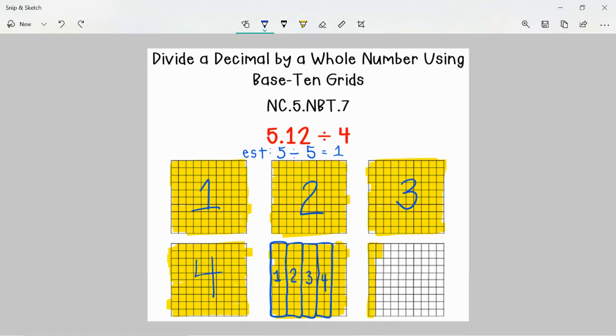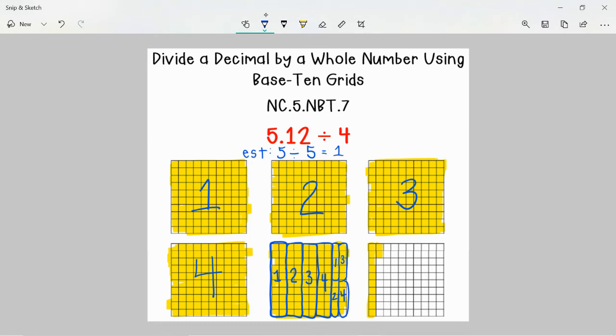I'm going to model giving each group 5 hundredths and going on from there. So 1, 2, 3, 4, 5 for group 1, 5 hundredths here for group 2, 5 hundredths for group 3, and 5 hundredths for group 4.